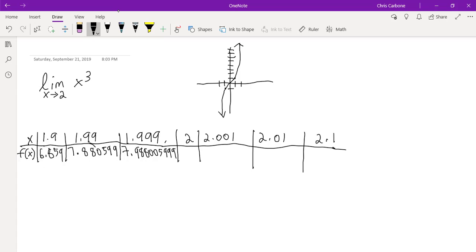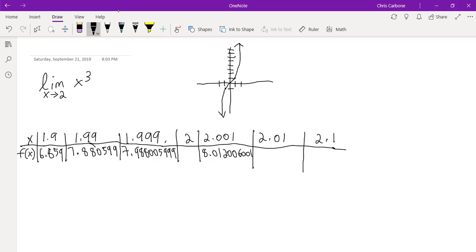So if we put 2.001 in, we get this decimal, 8.010060001.